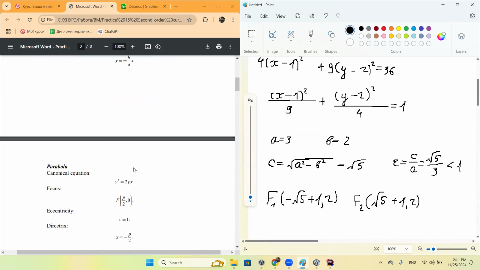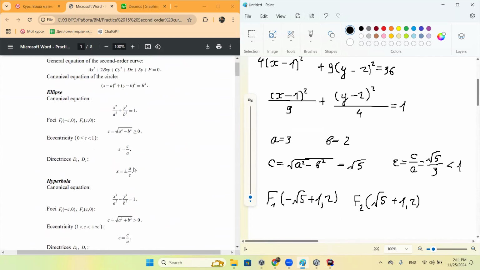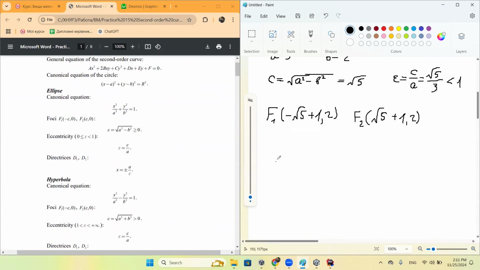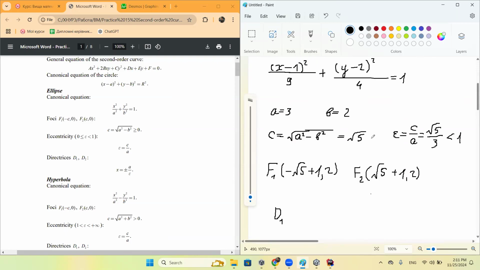Let me remember what else we need to find. Yeah, we need to find directrices. So D1. We also need to add the coordinates of the center.